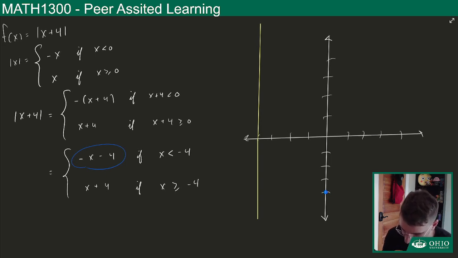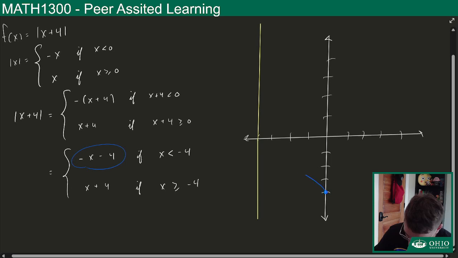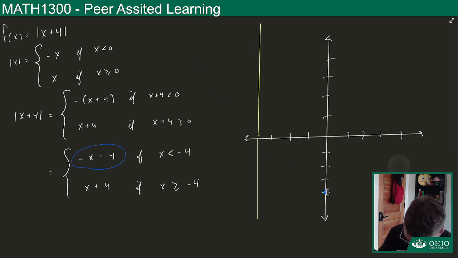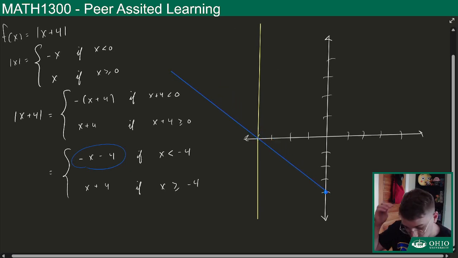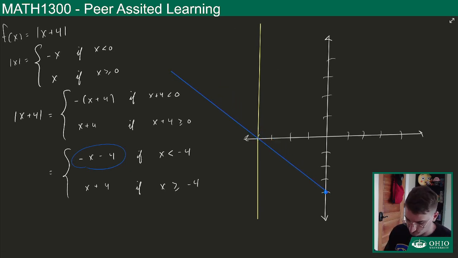And so we're actually 4 tick marks downward, and we're 4 tick marks over. So this line is actually going to perfectly intersect with that point. And I would like to be able to draw a straight line if I could. There we go. Okay. So it's going to perfectly intersect, 4 ticks down here, 4 ticks over here.